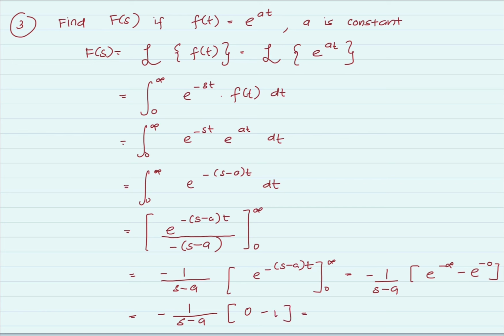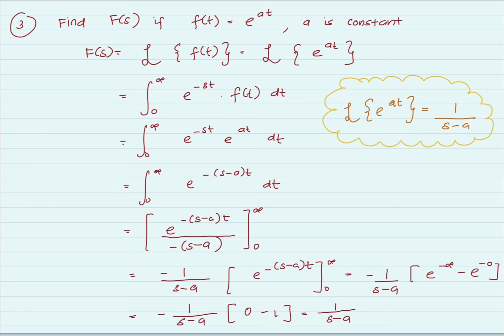So negative negative will be positive, so 1 over s minus a. The conclusion is the Laplace transform of e^(at) is equal to 1 over s minus a. This is what we already proved.